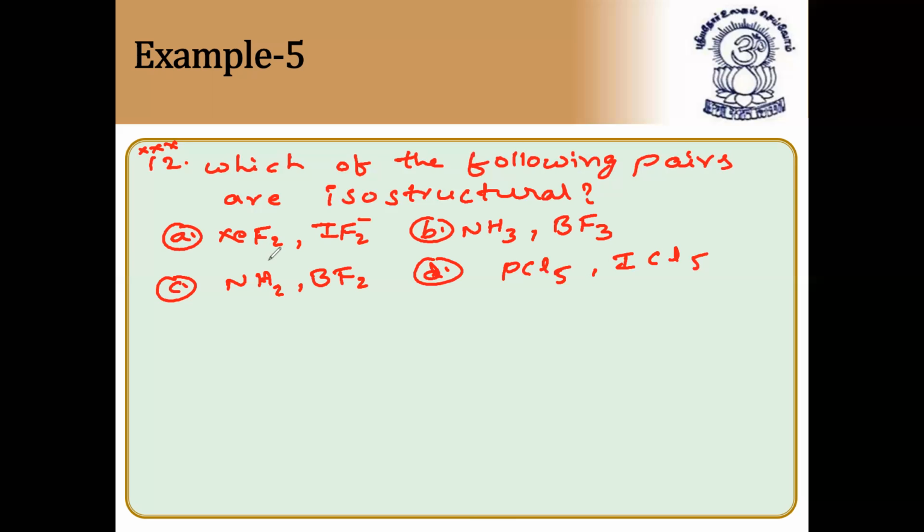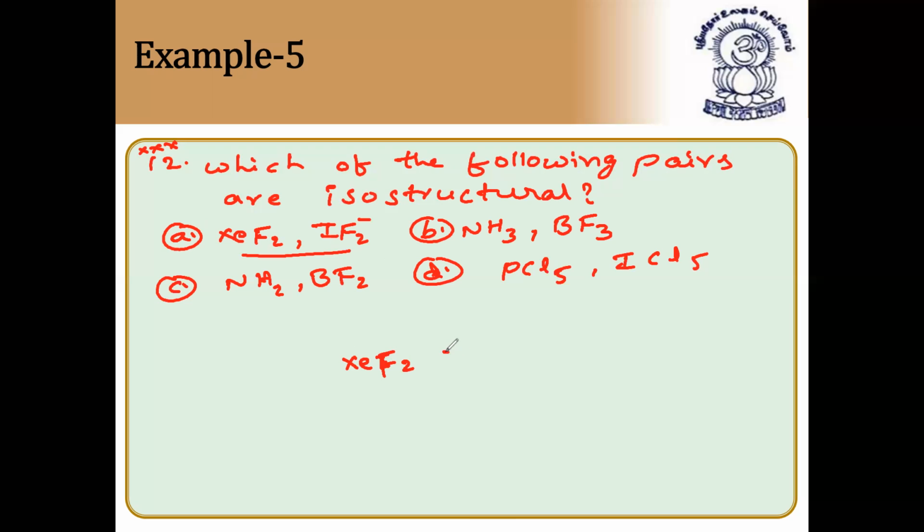So we have to see. First, we know that if the number of lone pairs, bond pairs and hybridization match, then automatically the structure is also matching. So let us see the number of bond pairs and lone pairs in XeF2, the first option verification.